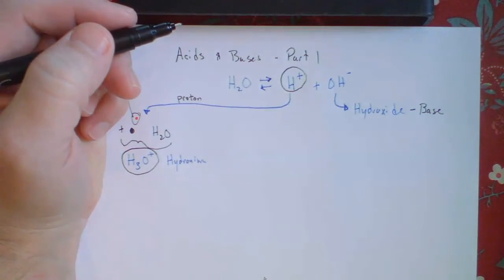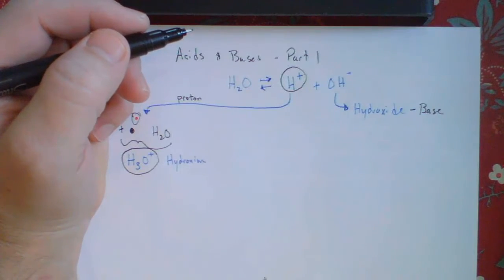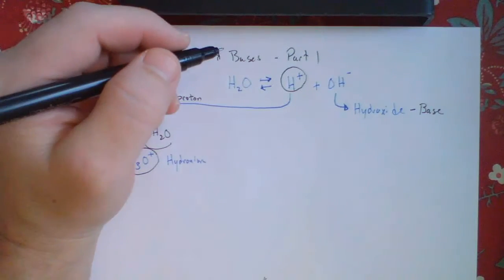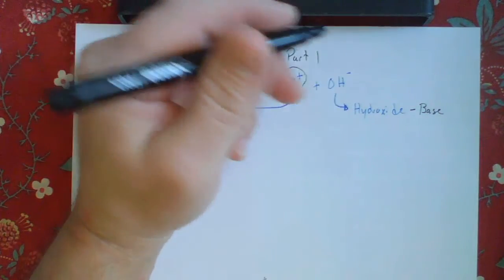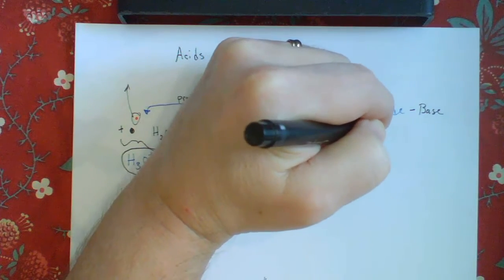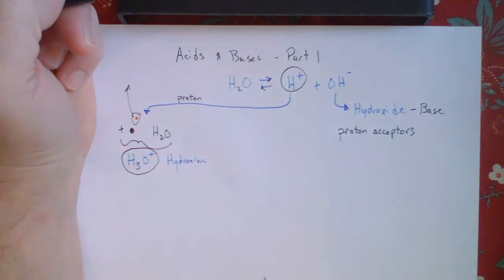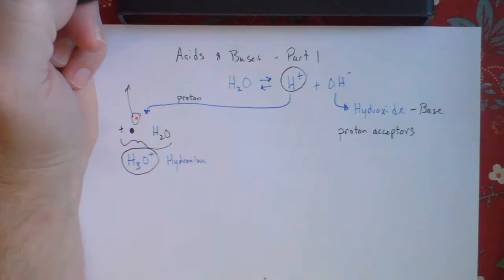Really, what I look at is anything that has the ability to attach a proton to it. So these are proton acceptors, and anything classified as a proton acceptor could potentially create a base.